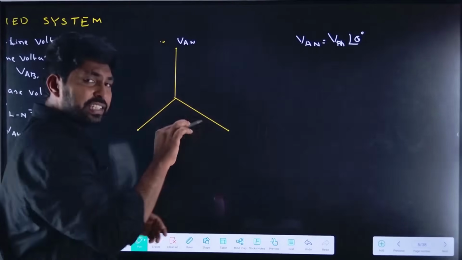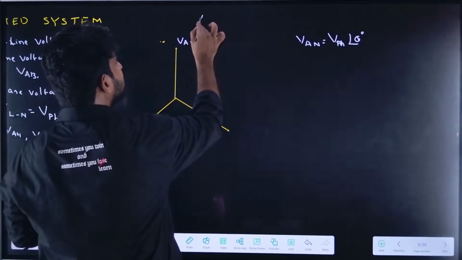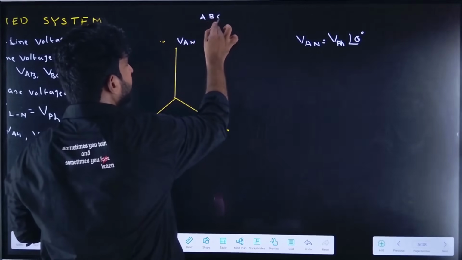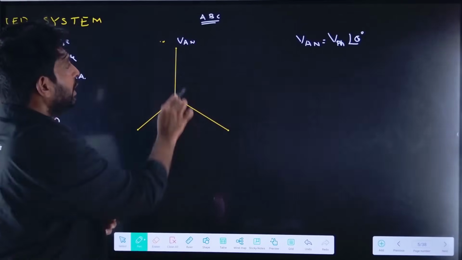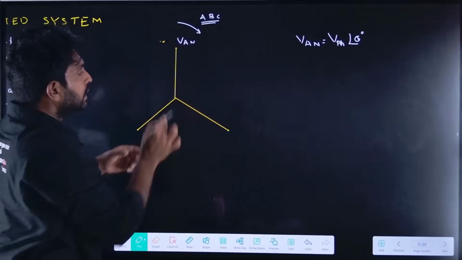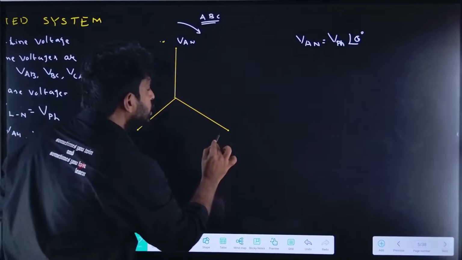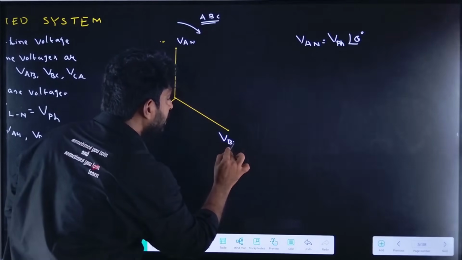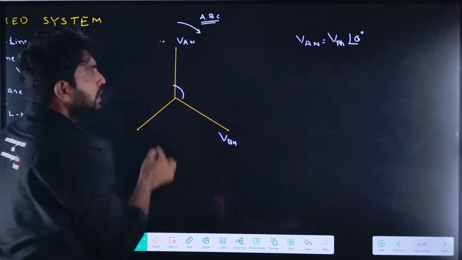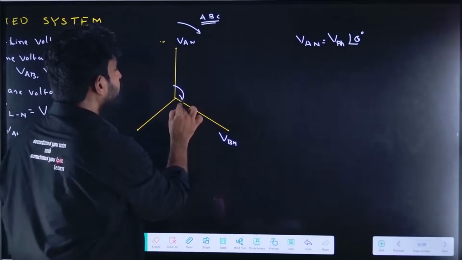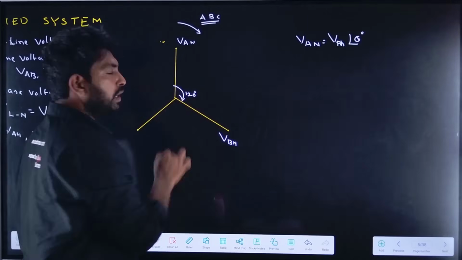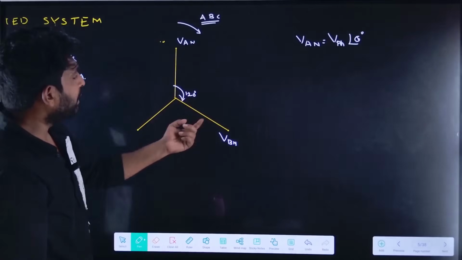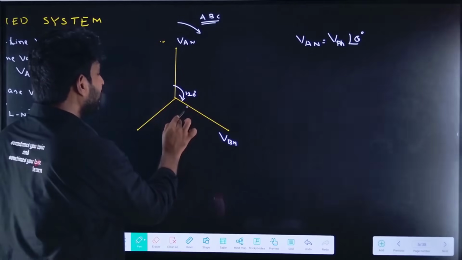Now if I consider the phase sequence ABC, in the clockwise direction, the B phase will come, displaced by 120 degrees, and VBN and VCN are again displaced by 120 degrees.